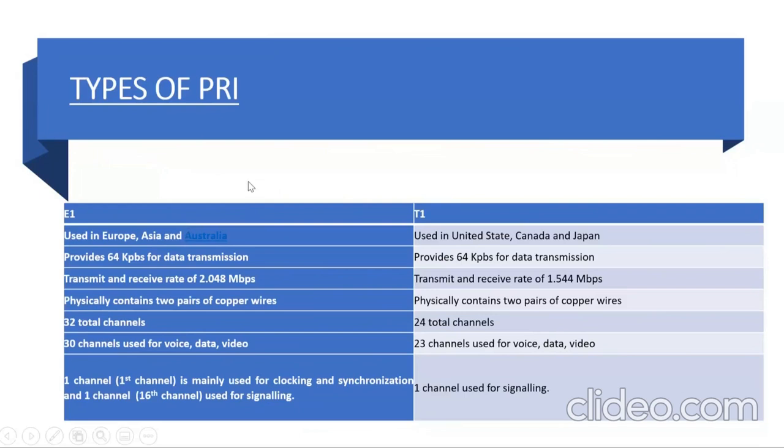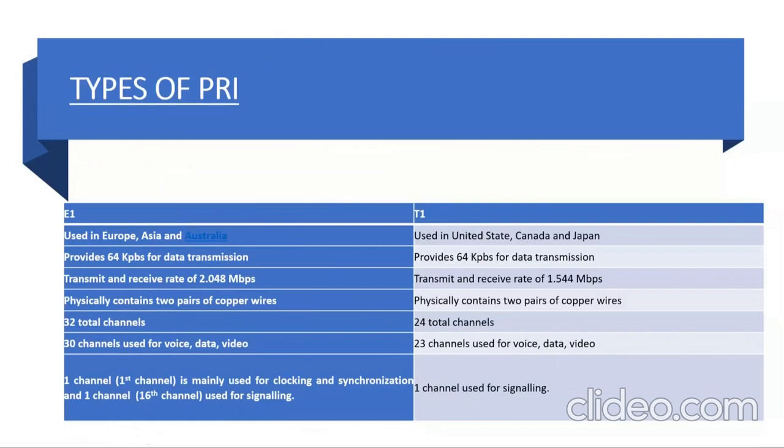There are two types of PRI basically, E1 and T1. The major difference is geographical. E1 is used in Europe, Asia, and Australia. T1 is used in United States, Canada, and Japan. E1 has 32 channels in total, out of which 30 can be used for voice, video, data.